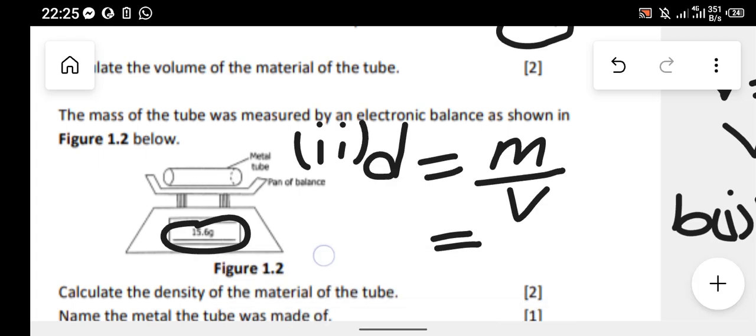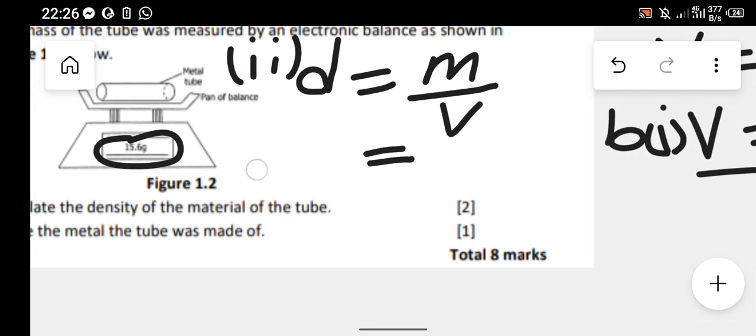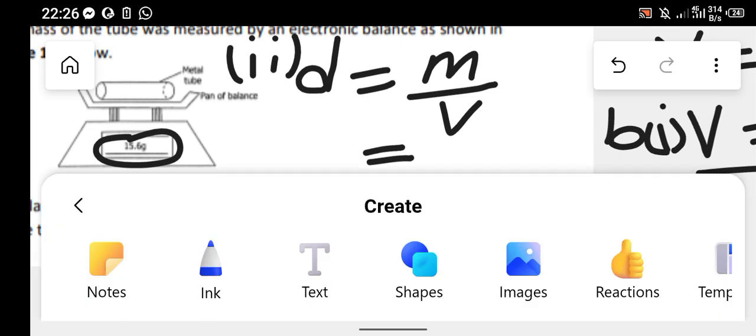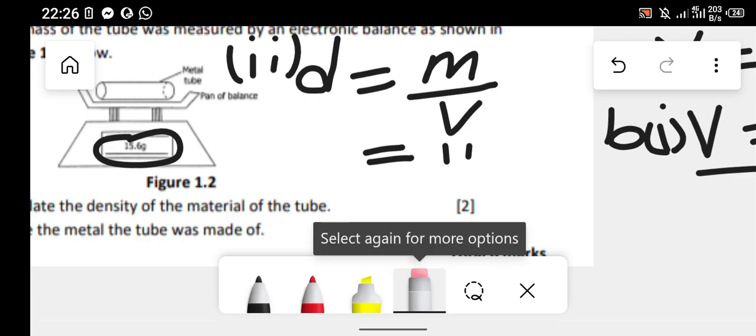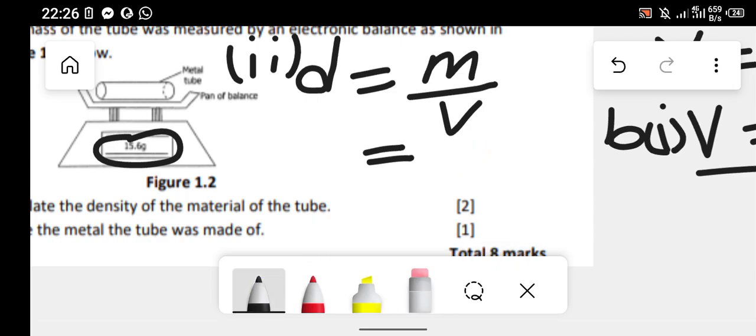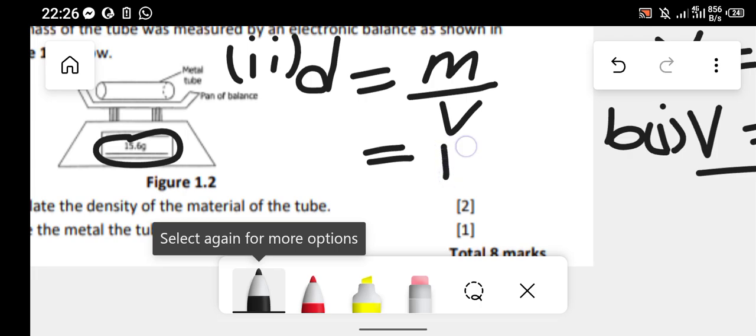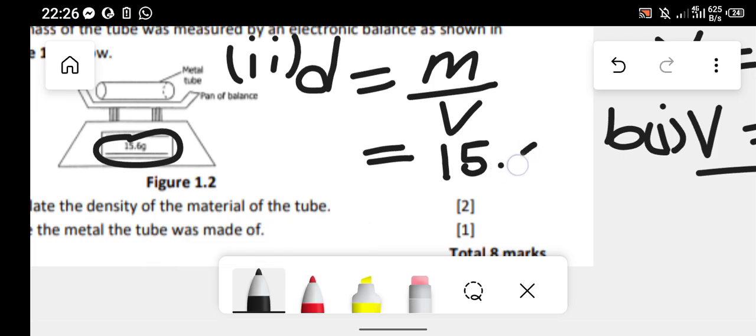You divide it by our volume. Our volume is found in B1, which was 2.